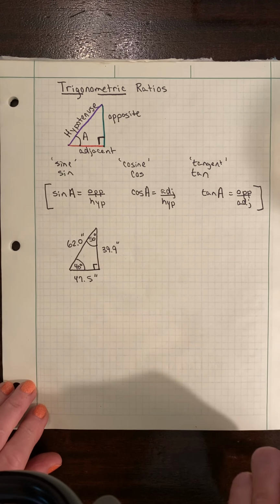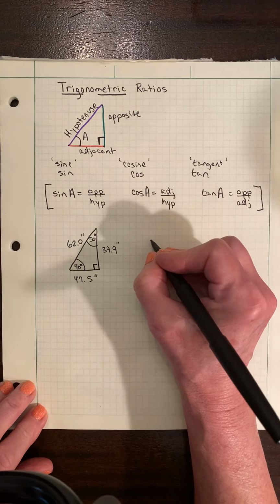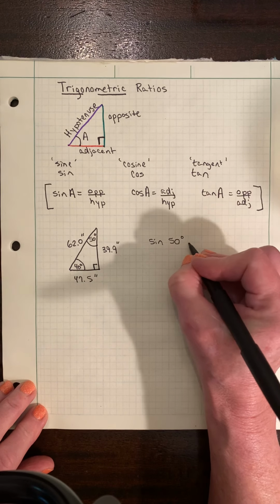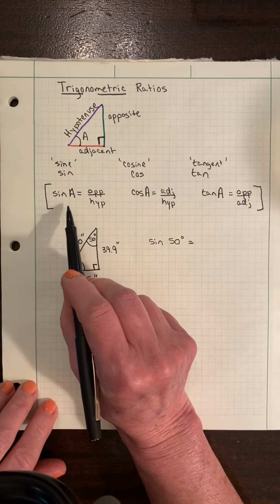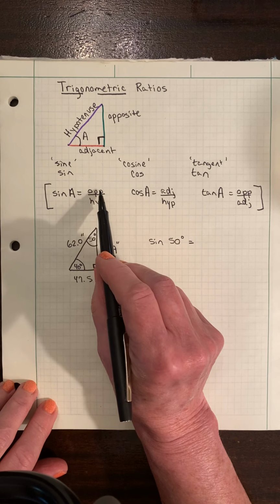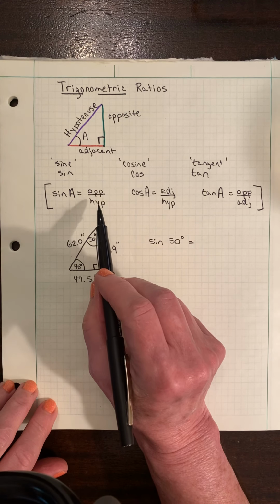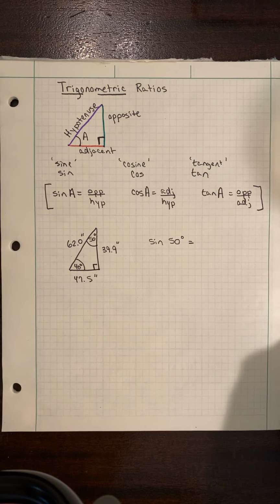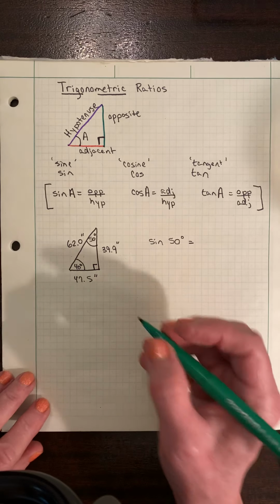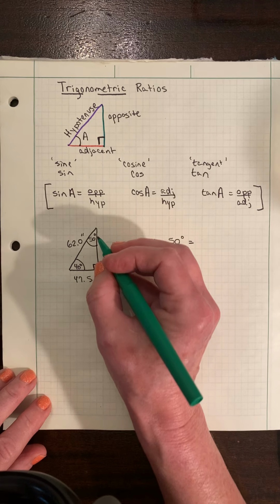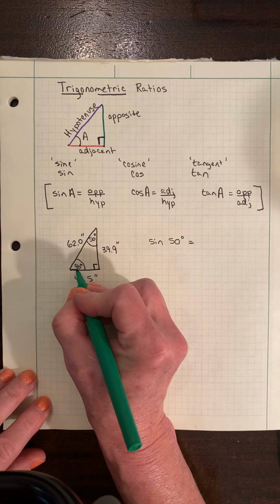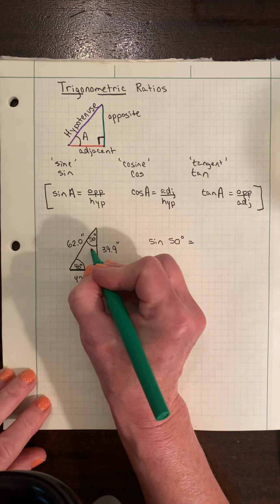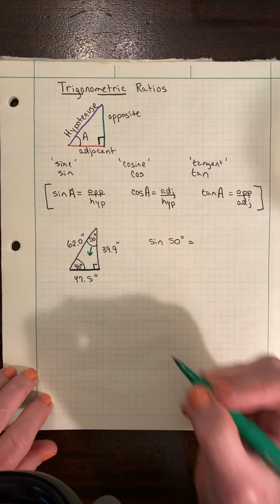Okay, now, if I want to find the sine of 50 degrees, I go up here to my little cheat. It's the opposite over hypotenuse. Okay, the side opposite of 50 would be this side. This side is not touching 50, it is opposite.